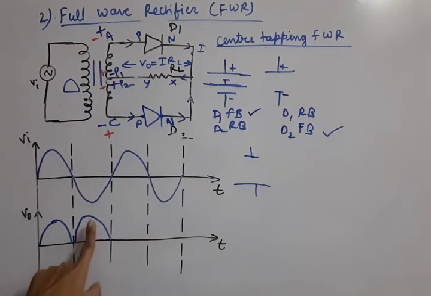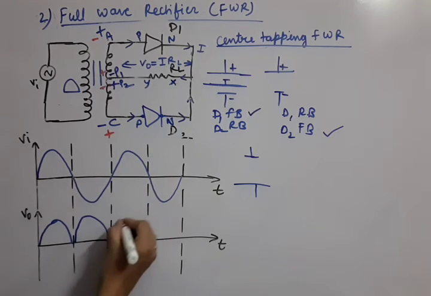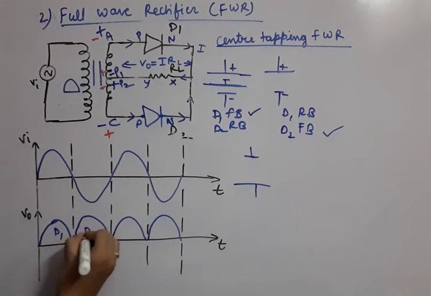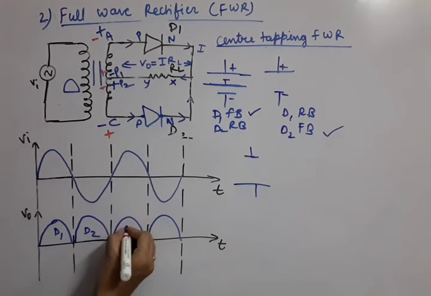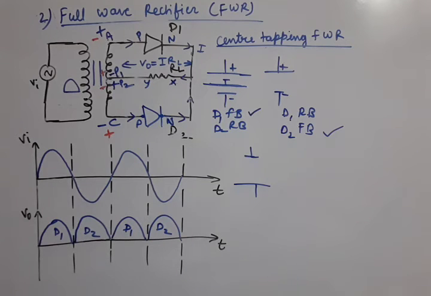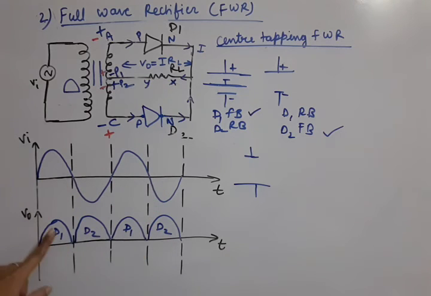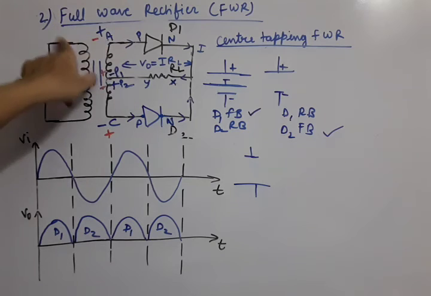So here we show a positive pulse only for VO. We can write here: this is due to D1 conduction, this is due to D2 conduction, and so on. So alternately the two diodes serve their purpose. Overall we get a pulse for each input pulse. If 1, 2, 3, 4 pulses are in the input, we also get 1, 2, 3, 4 pulses in the output. That's why we call it a full wave rectifier.